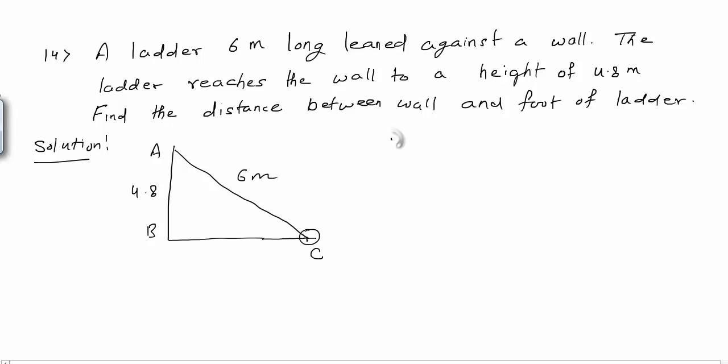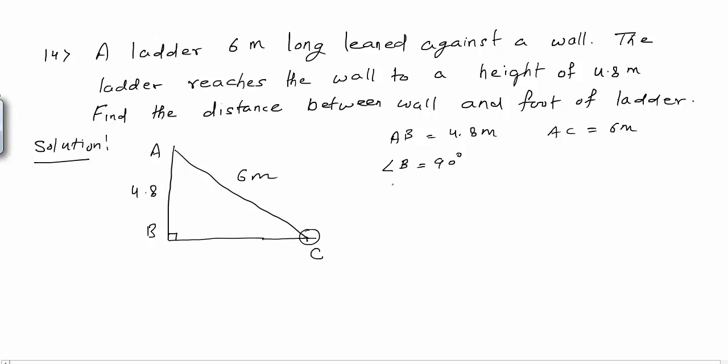So here the height of the wall at which the ladder is reaching is given. So the things given are AB is equal to 4.8 meter, AC is 6 meter, and angle B is 90 degrees. So this angle B is 90.